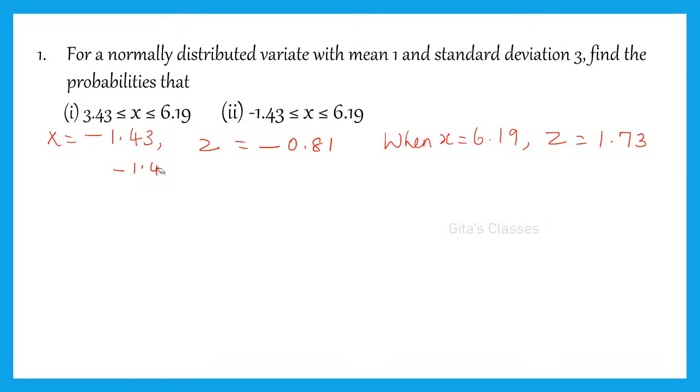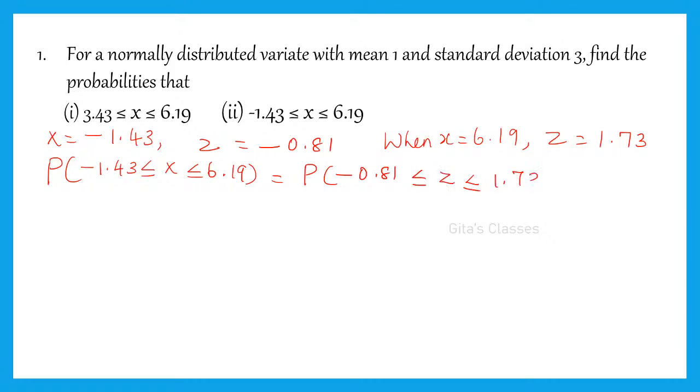Minus 1.43 minus 1 divided by 3, that is minus 2.43 divided by 3. It is minus 0.81. Minus 0.81 is correct. Now how will you find out this area? Listen. Probability of minus 1.43 less than or equal to x less than or equal to 6.19 is nothing but probability of minus 0.81 less than or equal to z less than or equal to 1.73.